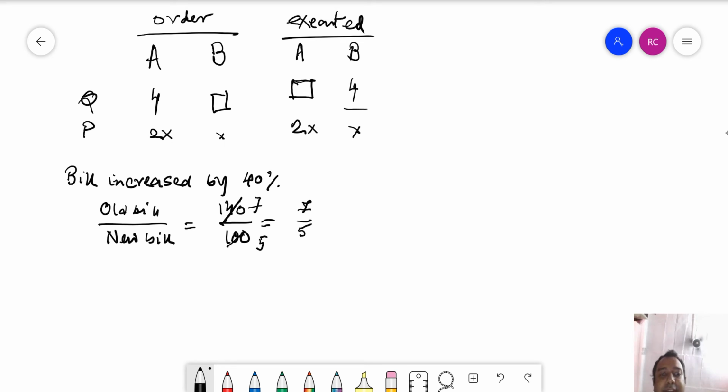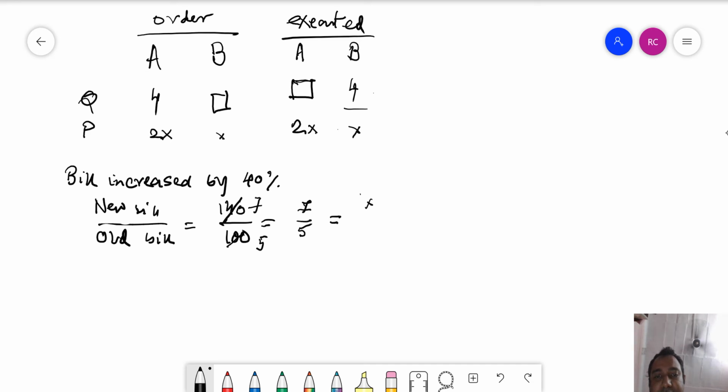And what is the old bill to the new bill? Sorry, this is the new bill to the old bill. I beg your pardon. This is the new bill, and this would be the old bill. So this is basically this multiplied by this plus this multiplied by this.